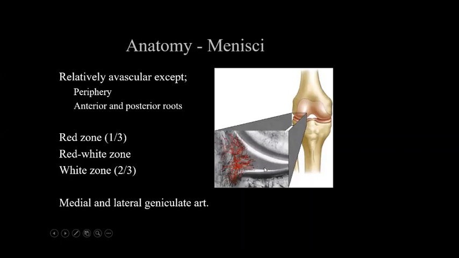The reason for that is that the white zone is avascular. There is no blood supply or blood vessels in the white zone. Therefore, tears involving the white zone are less likely to heal, and orthopedic surgeons tend to do arthroscopy and partial meniscectomy of tears involving the white zone. The blood supply for the menisci comes from the medial and lateral geniculate arteries.